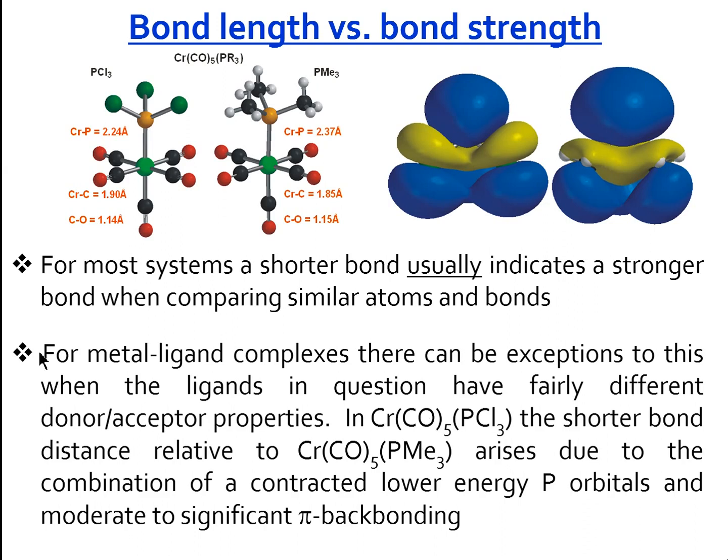This exception was explained by the strong pi acceptance of PCl3 with respect to PMe3 that makes the back donation from chromium to PCl3 stronger than from chromium to PMe3.